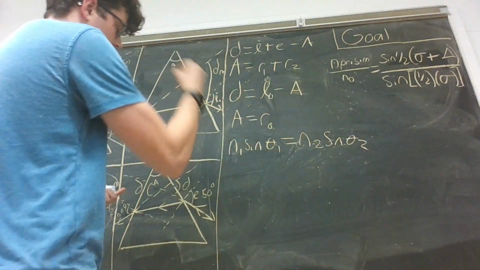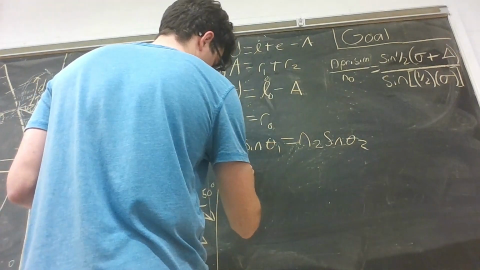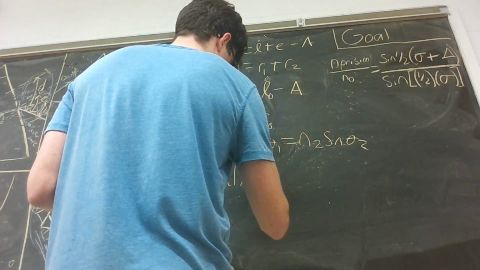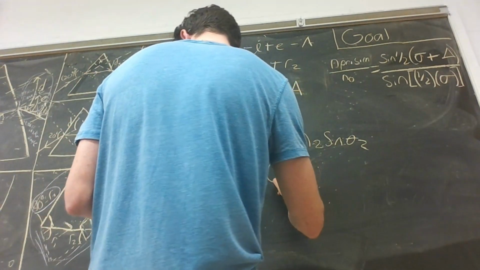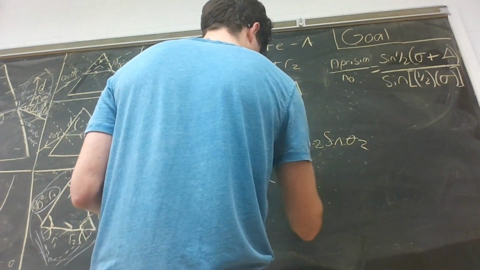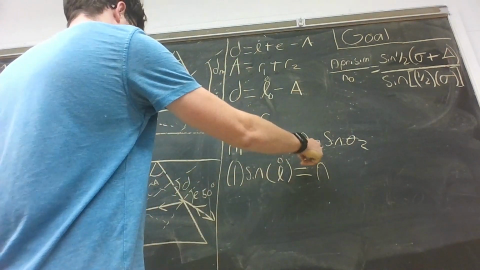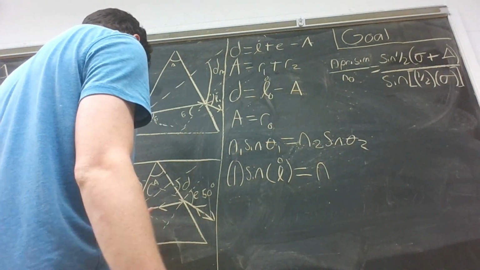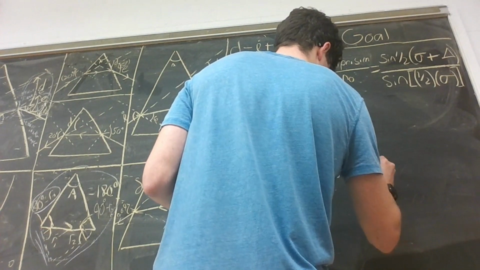And because, assuming it's air, it's going to be 1 times sine the angle of incidence, I naught, and then equal to N, because going into the glass, sine of R naught.